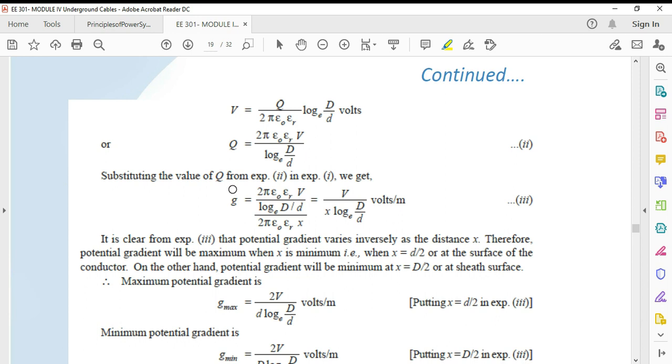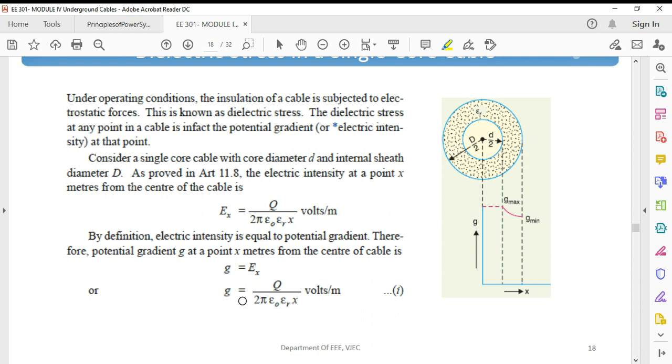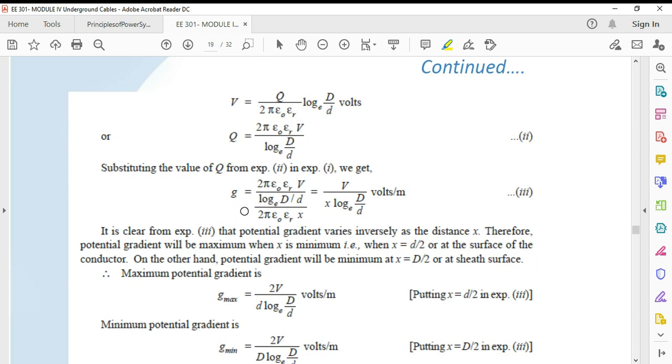Substituting the value of Q from equation 2 in equation 1, the potential gradient equation, we will get G equal to 2 pi epsilon 0 epsilon r V by log D by d, divided by 2 pi epsilon 0 epsilon r x, that is V by x log D by d.